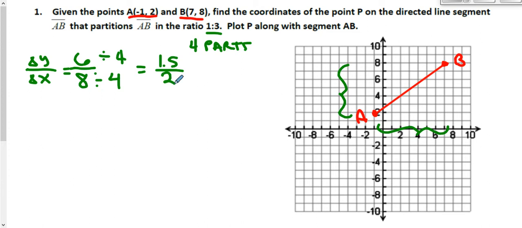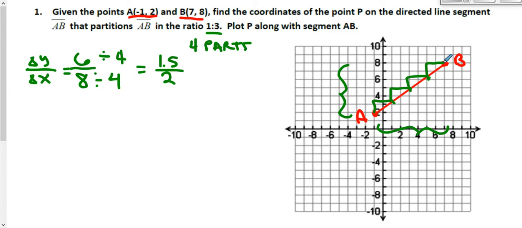So between each step, I need to go up 1.5 spaces, and to the right, 2 spaces. And if I do that 4 times, I'll split this in exactly 4 pieces. So there's my first one, up 1.5 over 2, up 1.5 over 2, and my last up 1.5 over 2 brings me right to B. So I can see that I've split this into 4 equal parts.